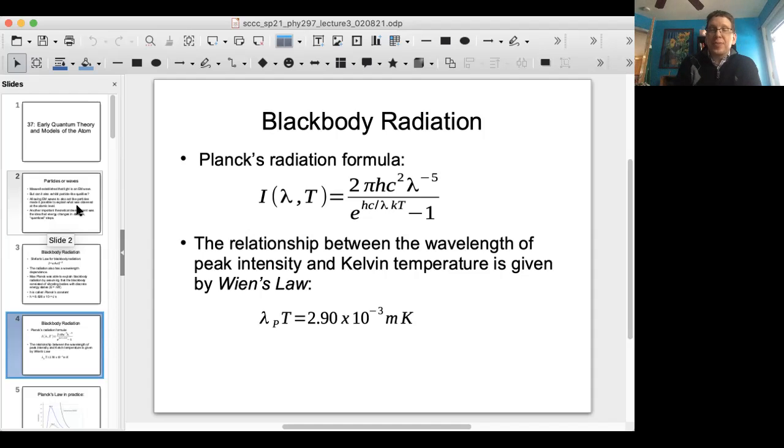But if you express it in terms of watts per square meter per nanometer of wavelength, you have a simple relationship between the peak wavelength and the Kelvin temperature. That product equals 2.90 times 10 to the negative 3 meter kelvins.